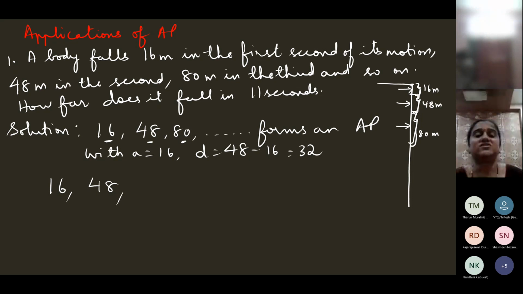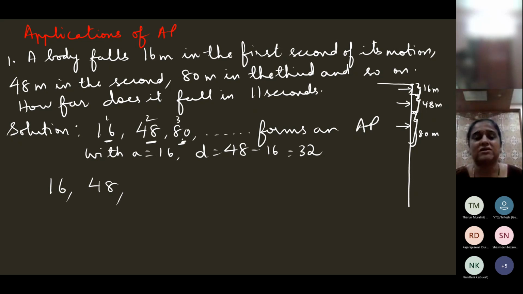What do the different terms of the AP convey to us here? 16 is the distance traveled during the first second. 48 is the distance traveled during the second second. 80 is the distance traveled during the third second. Like that, this is the first term, this is the second term, this is the third term.